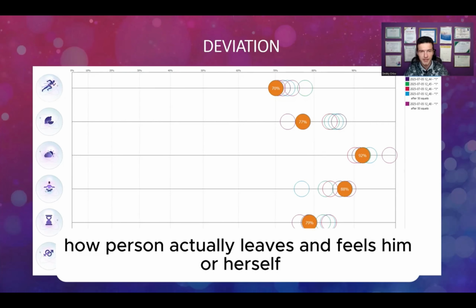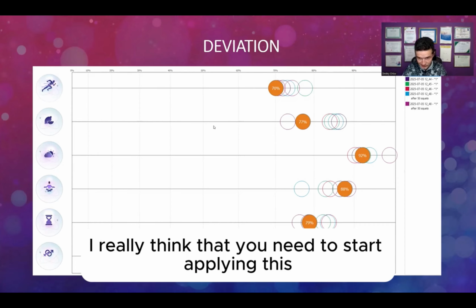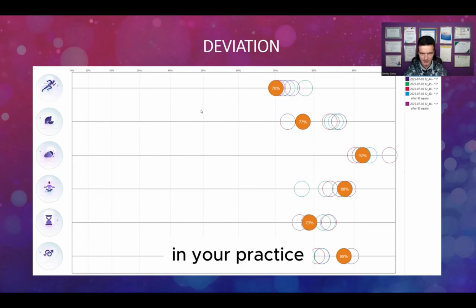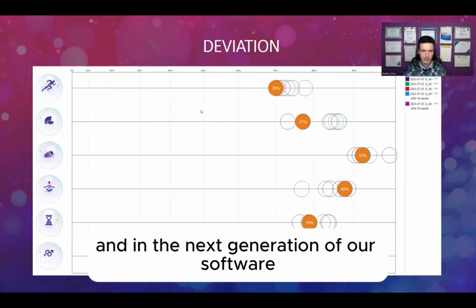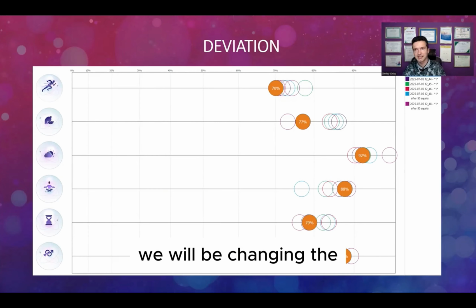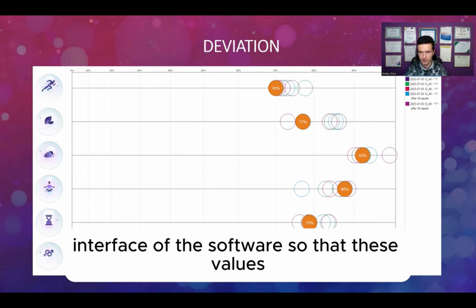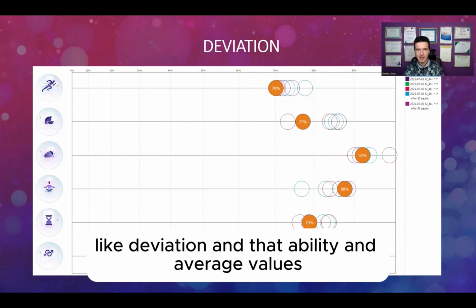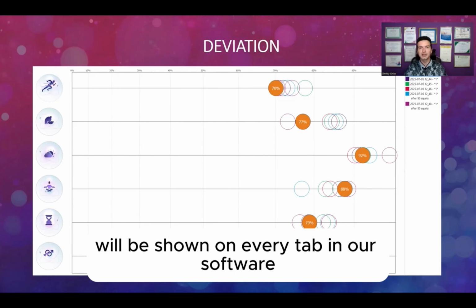So I really think that you need to start applying this in your practice. And in the next generation of our software, we will be changing the interface so that values like deviation, variability and average values will be shown on every tab in our software.